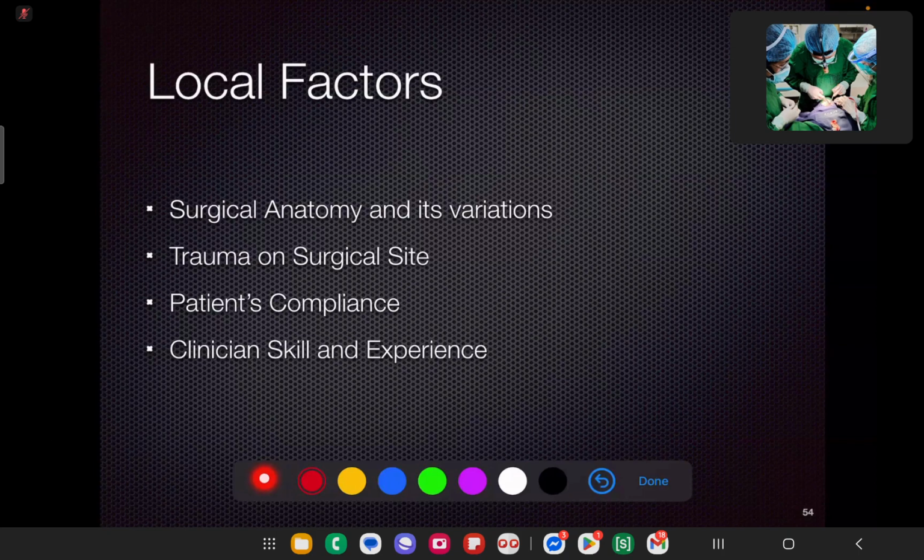Okay. Now, when you are concerned with the local factors, these are the issues that you need to look into. Number one, surgical anatomy, and of course, its variations, because not all anatomies would be the same from one another. So, for example, the person beside you does not have the same anatomy as you. There would be changes, and of course, trauma on the surgical site, when you're performing surgeries, like excessive retracting.